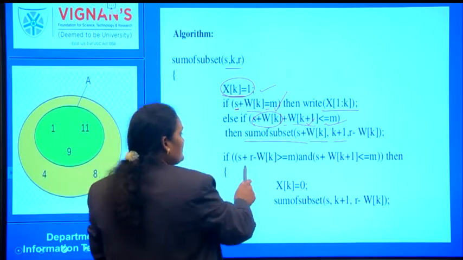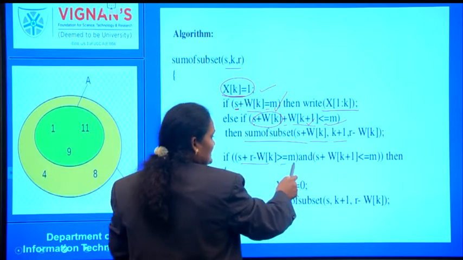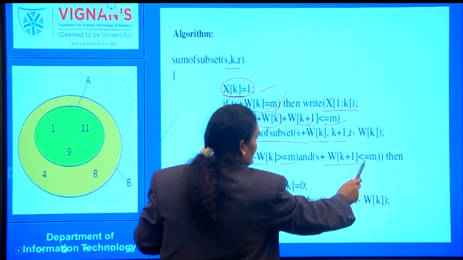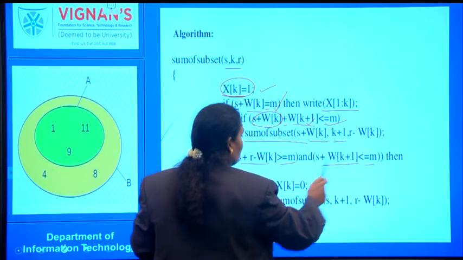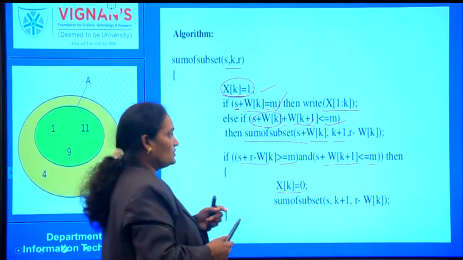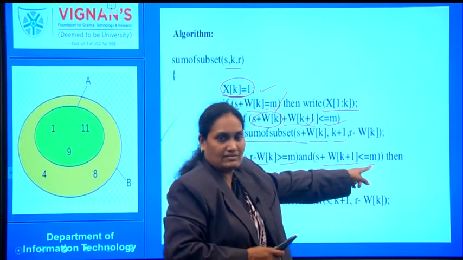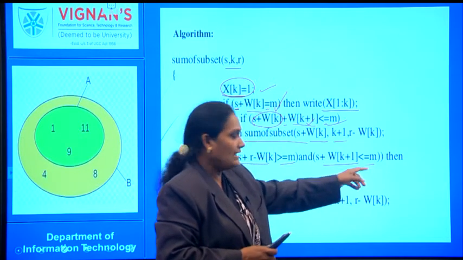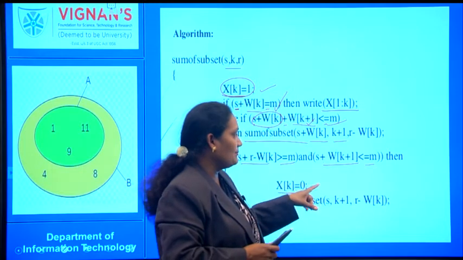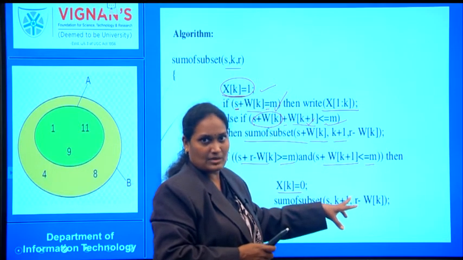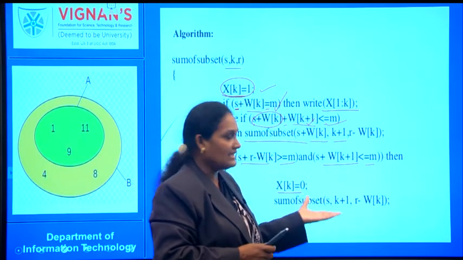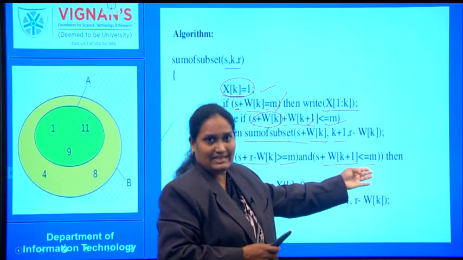Now if s plus r minus w of k is greater than or equal to m and s plus w of k plus 1 is less than or equal to m, then x of k is equal to 0. Even after adding x of k plus 1 we are not getting the integer value.